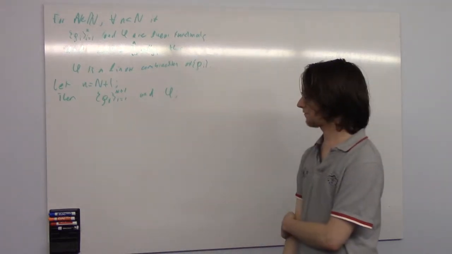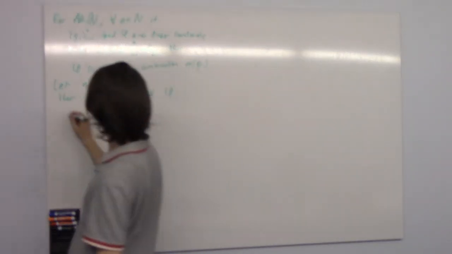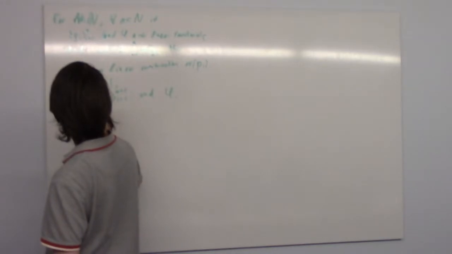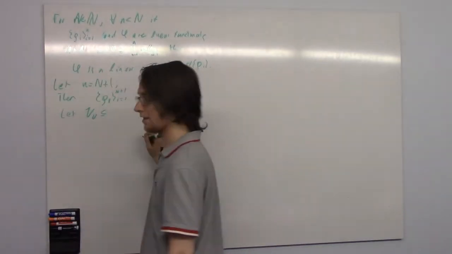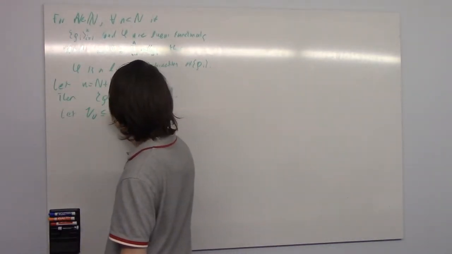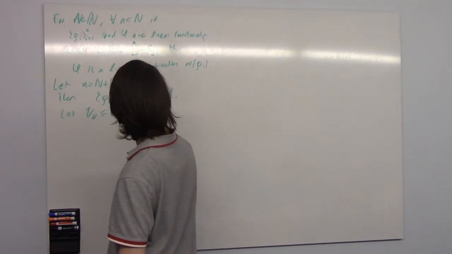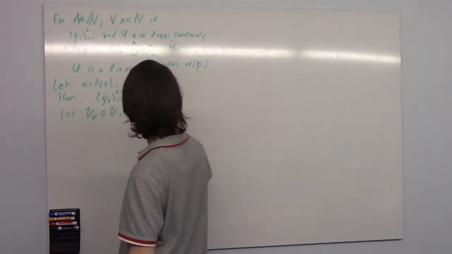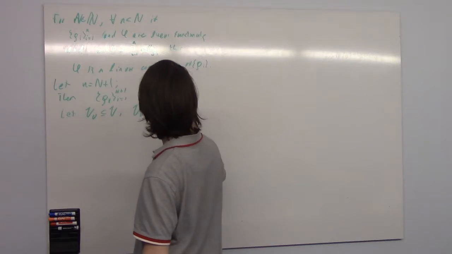Okay. Let V naught, a subset of V, equal the null space of these rho i's.